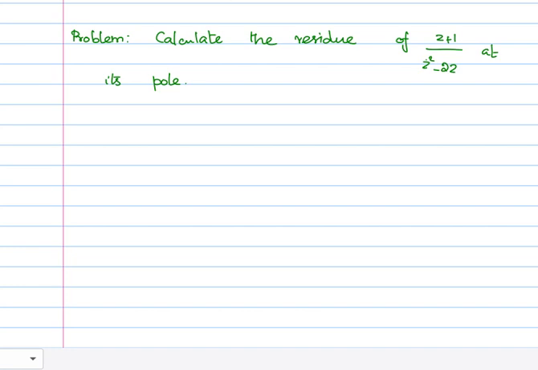So how can I solve? Let f of z be z plus 1 divided by z square minus 2z. This means I can represent it as z plus 1 divided by z times z minus 2.